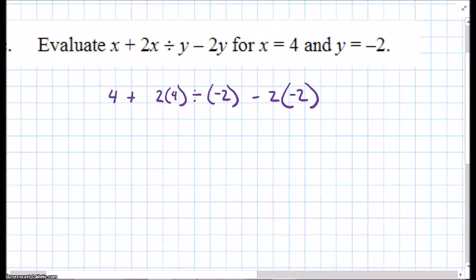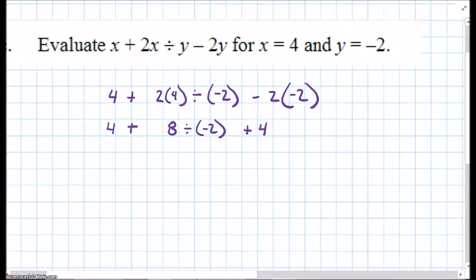Our order of operations are multiplication and division. So I've got 4 plus 2 times 4 is 8 divided by negative 2. What is negative 2 times negative 2? That'd be positive 4.